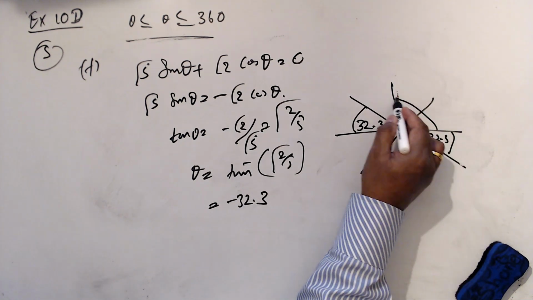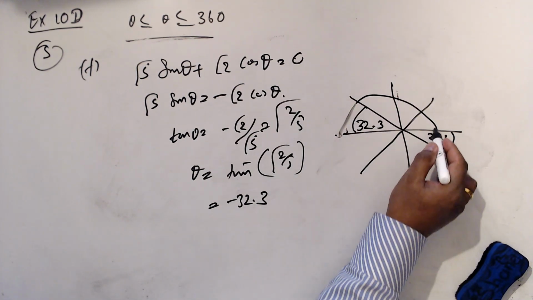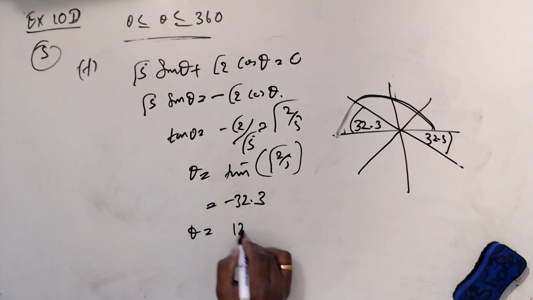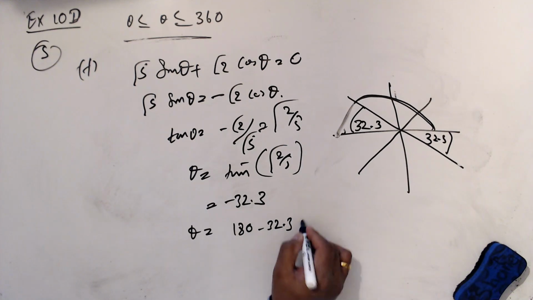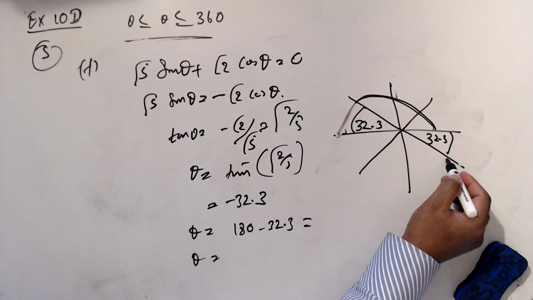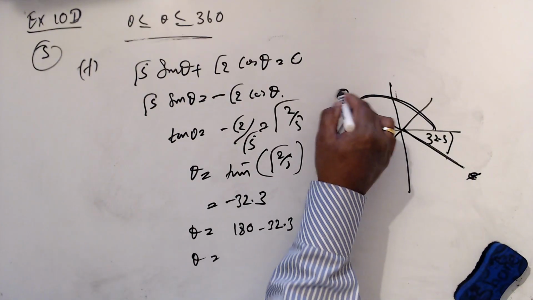So the first one is this one. Theta equal 180 minus 32.3. The other one is this one. This is one hypotenuse, this is the other hypotenuse.